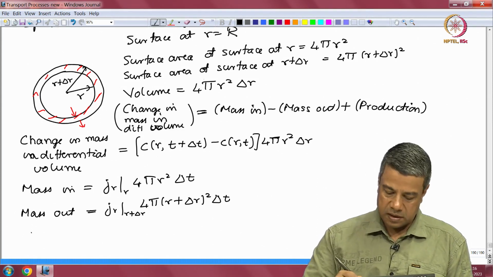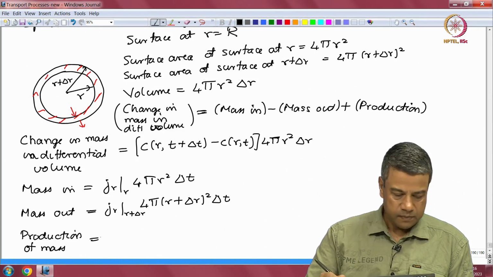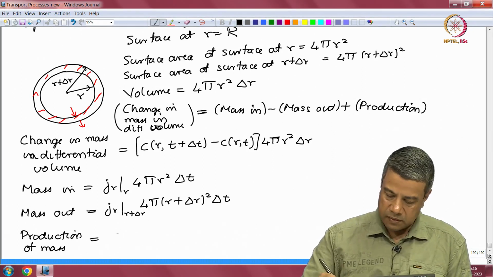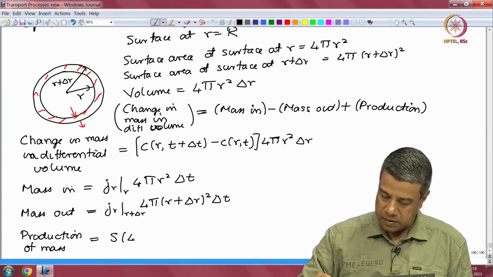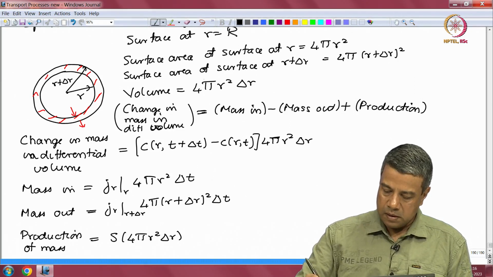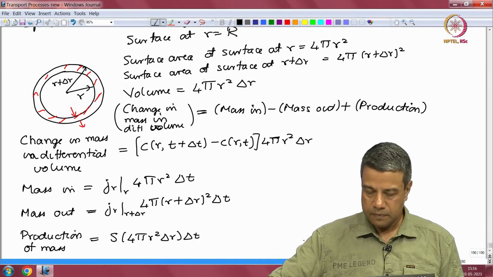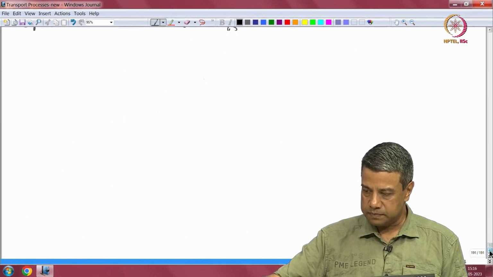And finally, the production term is going to be equal to the production per unit volume per unit time into the volume into delta t. So, these are the different terms in the conservation condition.